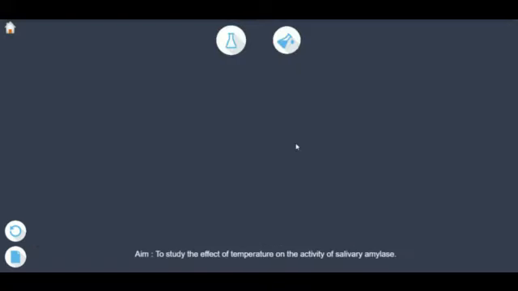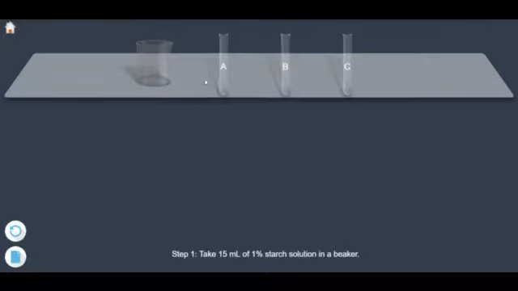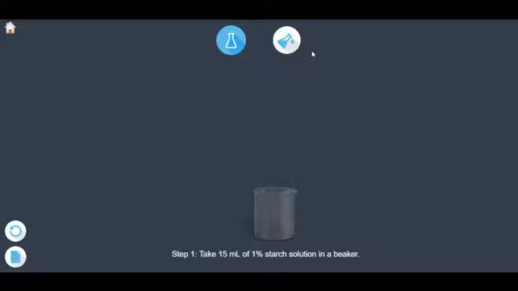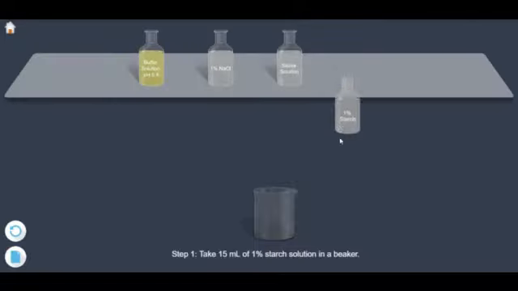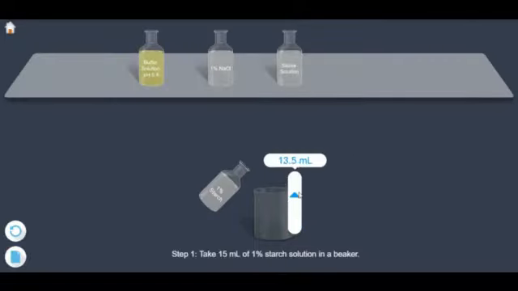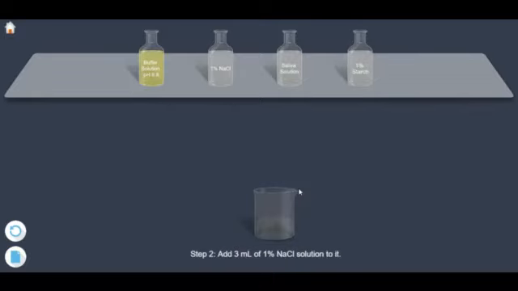Study the effect of temperature on the activity of salivary amylase. Step 1. Take 15 ml of 1% starch solution in a beaker. Step 2.